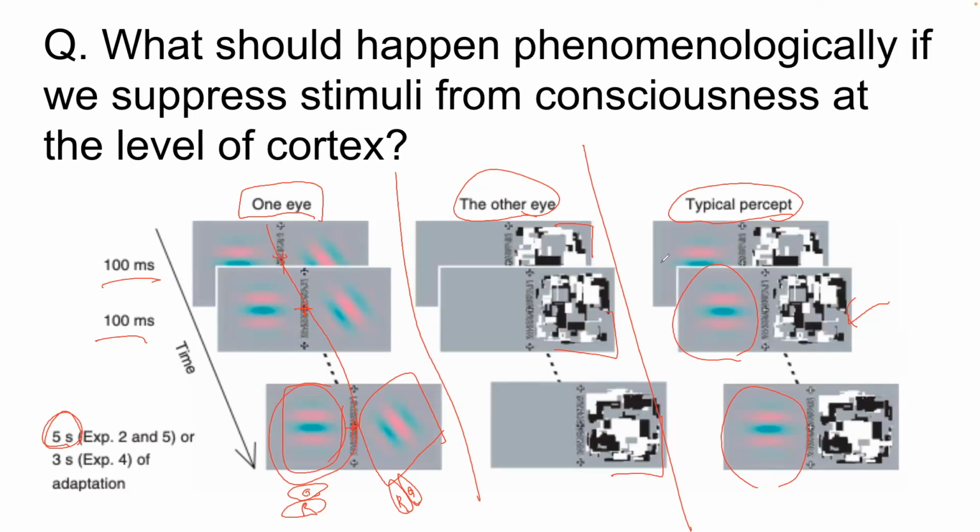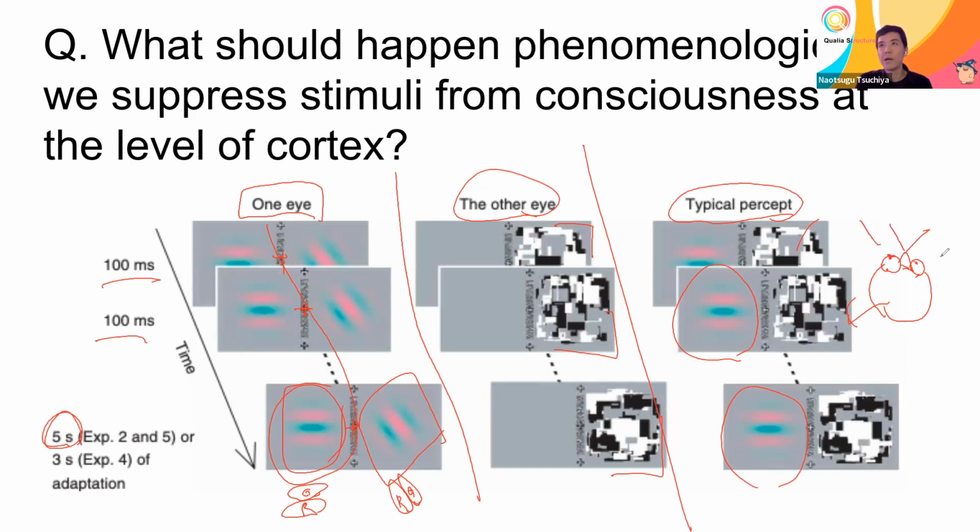Yes. They presented both this and this to one eye at the same time. And they also presented this to the other eye. Yes. And because of the overlap between these two, you only see it. Exactly. Okay. So in other words, maybe I'll give you one more sketch here. If this is a nose, and this is your eye, right?